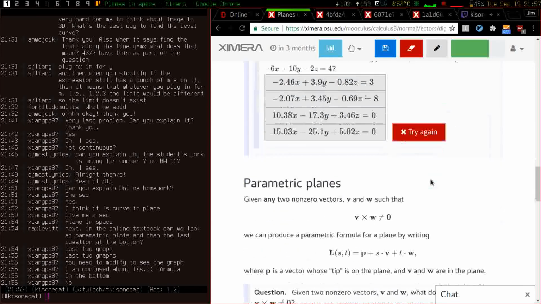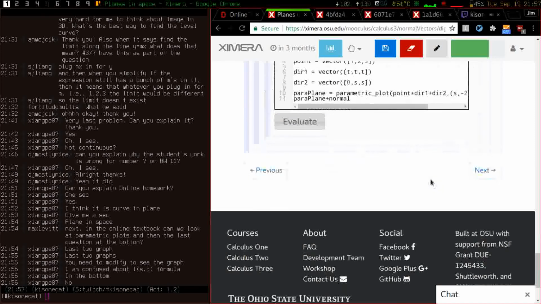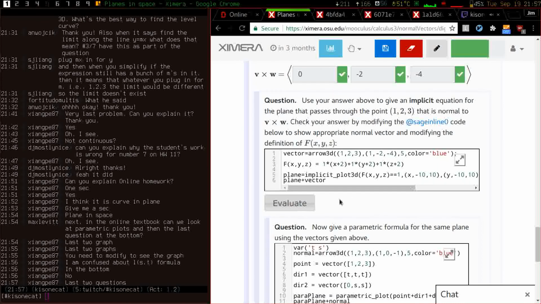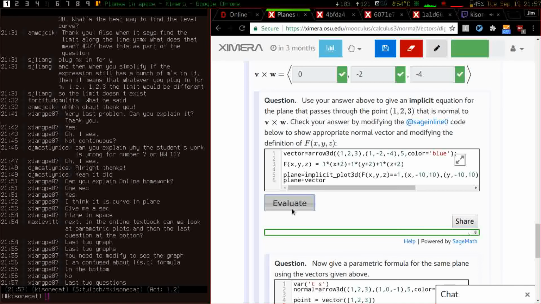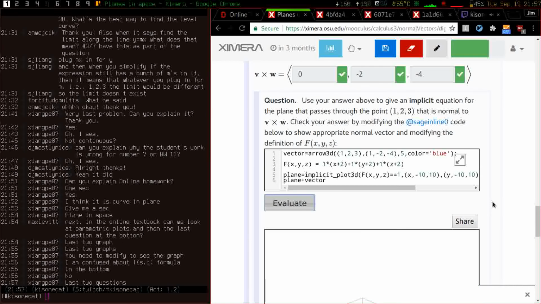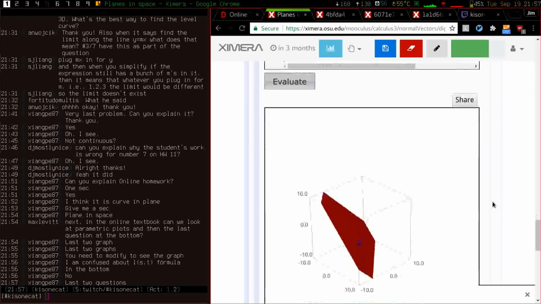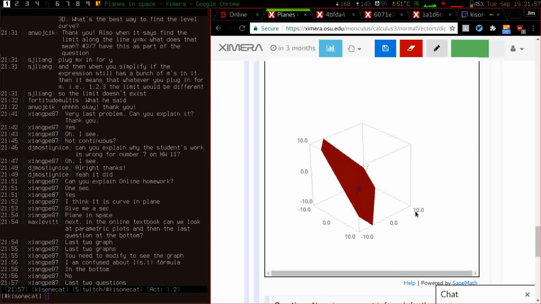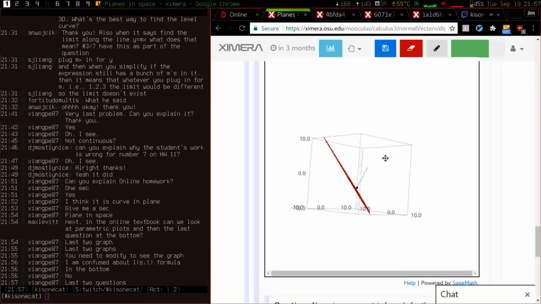Hmm. Okay, oh, you're wondering about, let's see, down here to modify. Oh, do you mean when I click on this and see the graph? Is this what you're wondering about? These kinds of graphs?